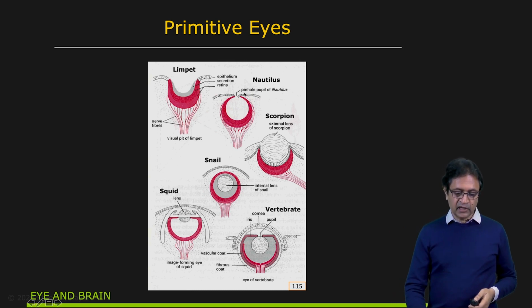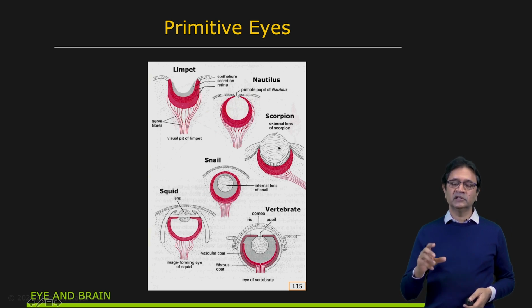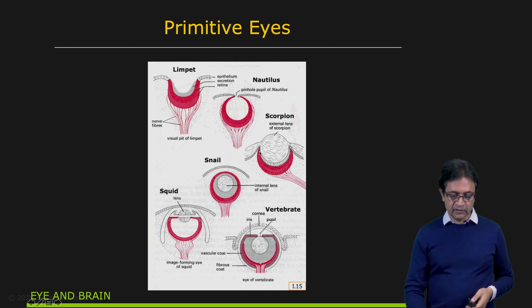And here you see the eye of the Nautilus pompilius, which we talked about earlier. It has a pinhole, doesn't have a lens. And then you have the eye of the scorpion, which has a very large external lens right here. The eye of the snail, which has this external covering.